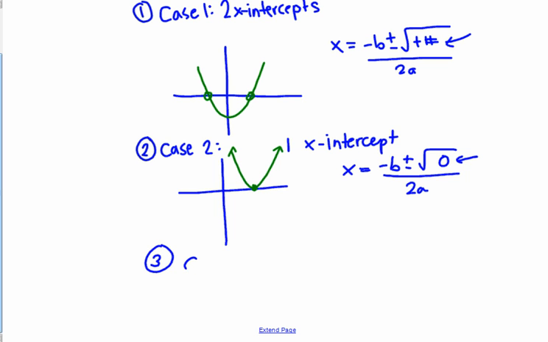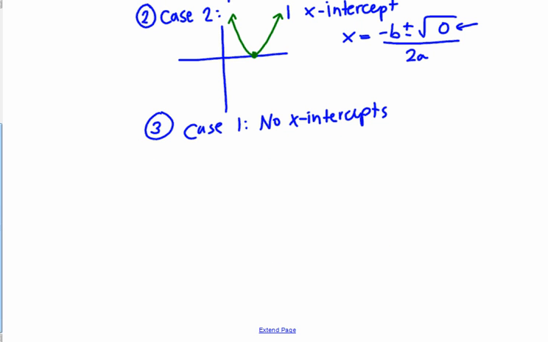And the third case, what do you think it would be? So either twice, once, or no x-intercept, 0 times. So our third graph would look like it just doesn't cross at all. Case 3, no x-intercepts.